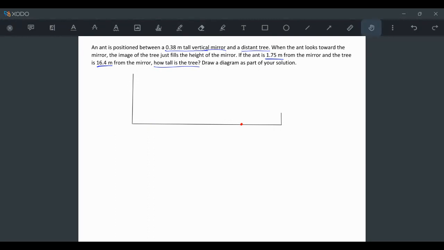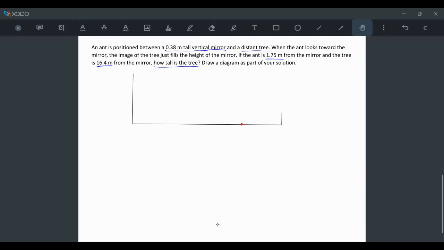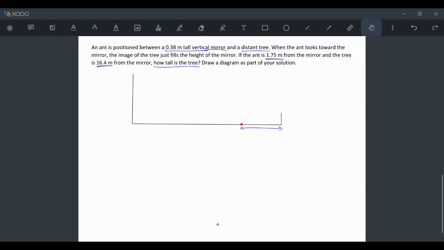Based on this, let's switch to blue again. We can label the geometry that we have, or the distances. Just to make it clear, this is the mirror on this side, I'm leaving lots of space so we can draw. This is the tree.